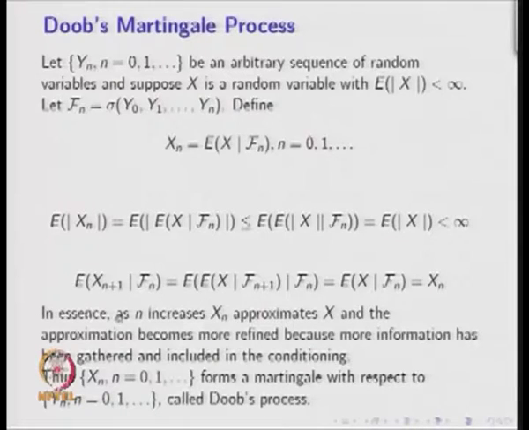In essence, as n increases, Xn approximates X, and the approximation becomes more refined because more information has been gathered and included in the conditioning. Thus, Xn, n equal to 0, 1 and so on, forms a martingale with respect to Yn, called the Doob's process.